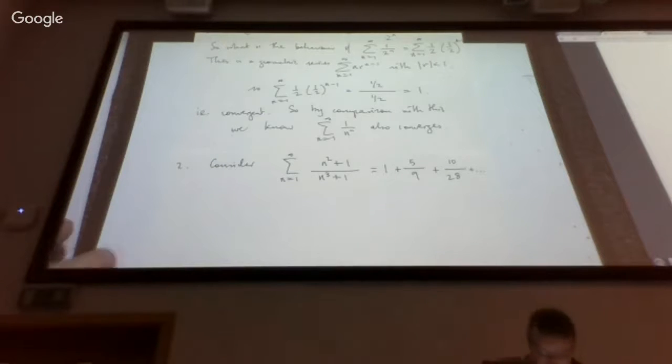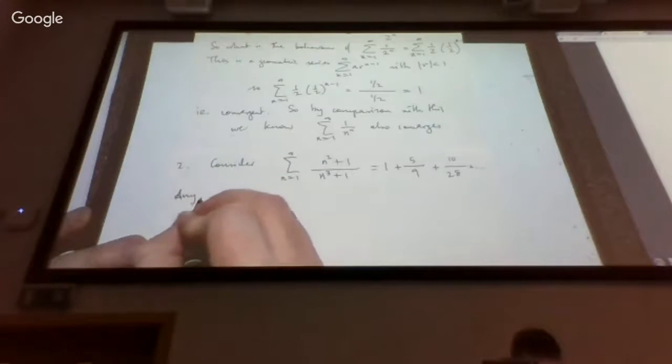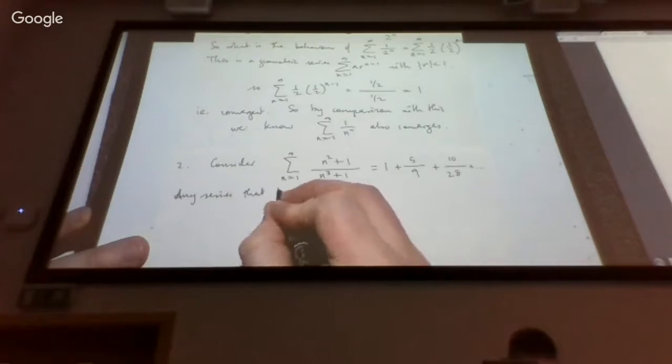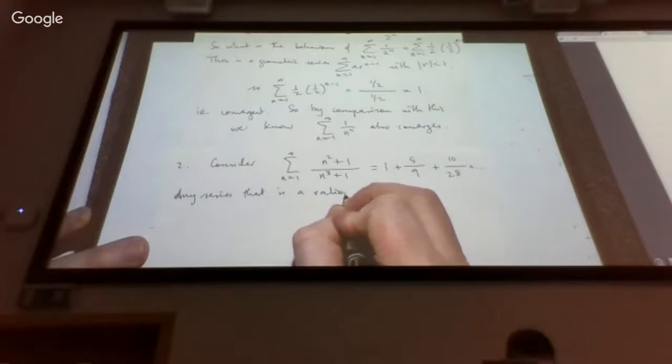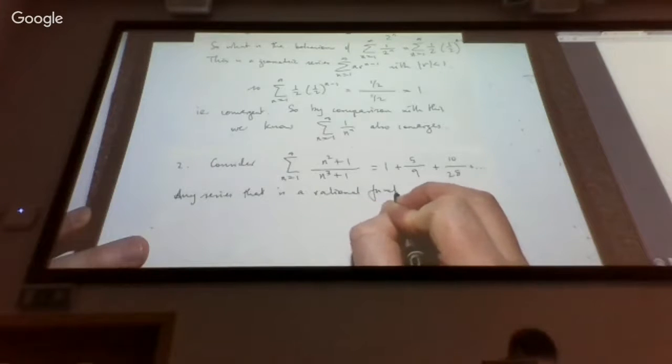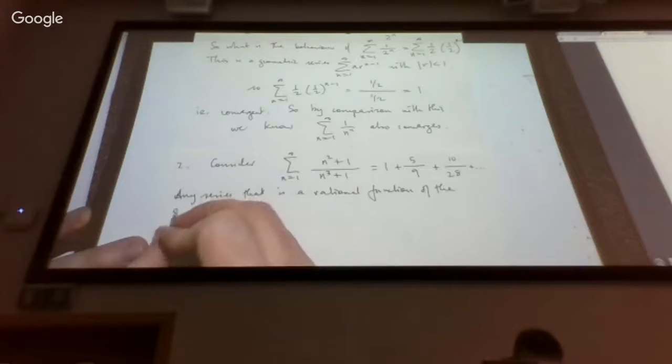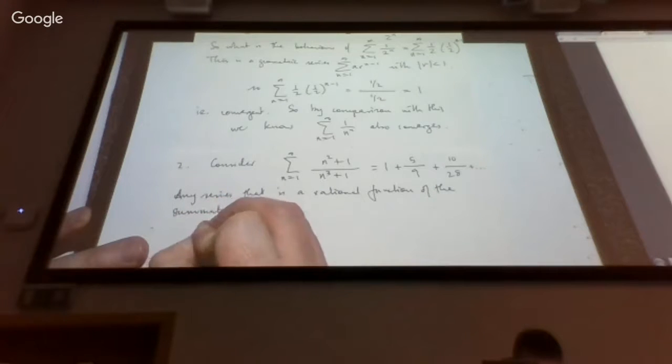Now, any series like this that is a rational function of the summation index, so n is the summation index here.